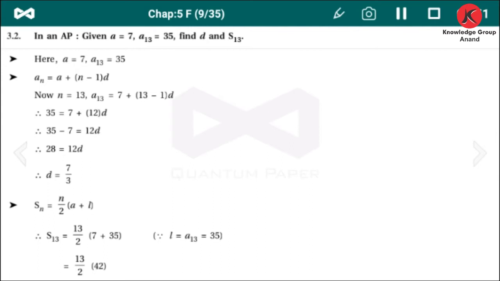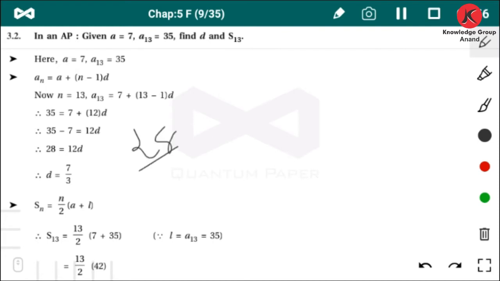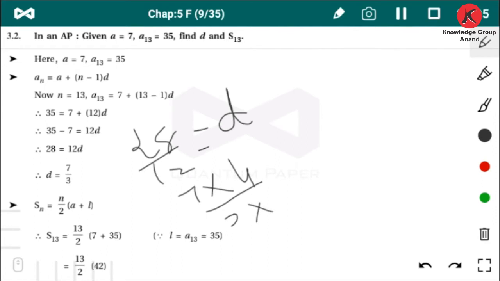Therefore, d = 7/3. How 7/3? 28 divided by 12: 7 fours are 28, 3 fours are 12, then the 4s cancel. Our answer is 7/3.